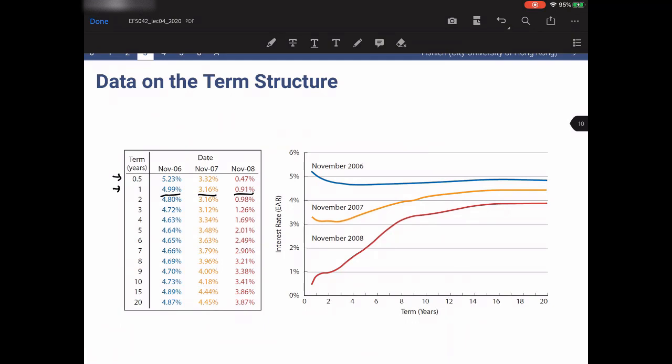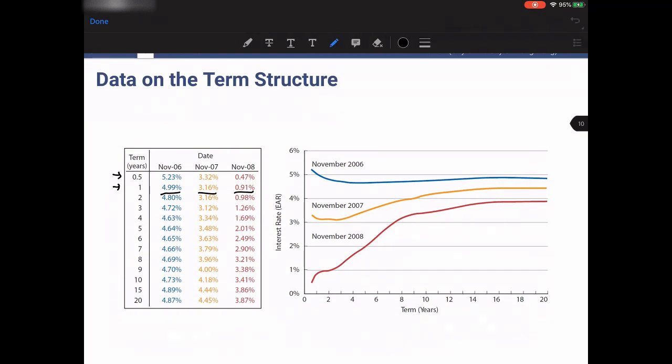Just to emphasize, this is the end of month EAR. Remind you, EAR means effective annual rate, so everything is comparable across time. They're all in the EAR standard.